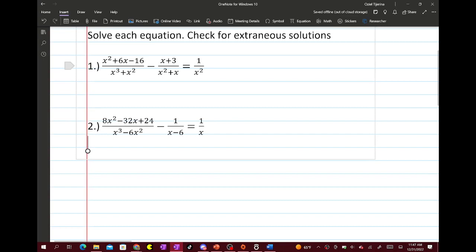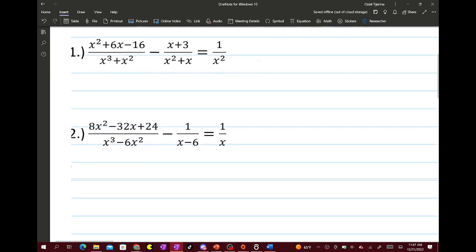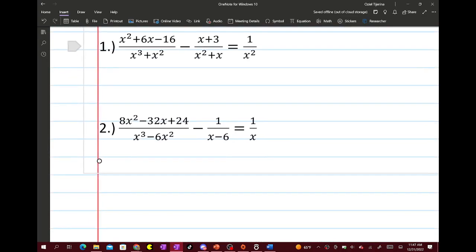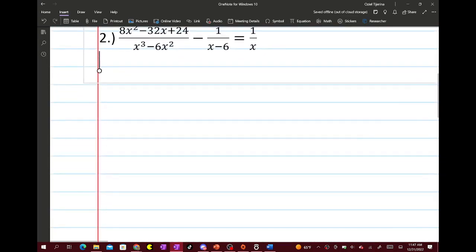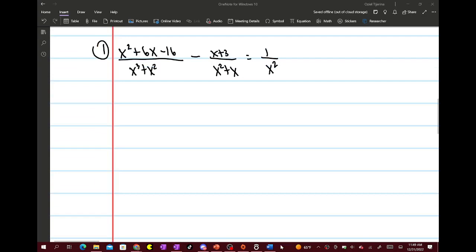It says solve each equation and check for extraneous solutions. So the first one, let me just write it down. Okay, so this is the first example. We have x squared plus 6x minus 16 over x cubed plus x squared, minus the quantity x plus 3 over x squared plus x, equals 1 over x squared.